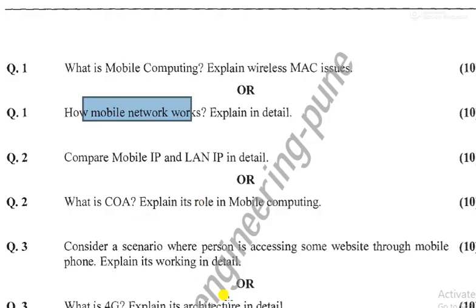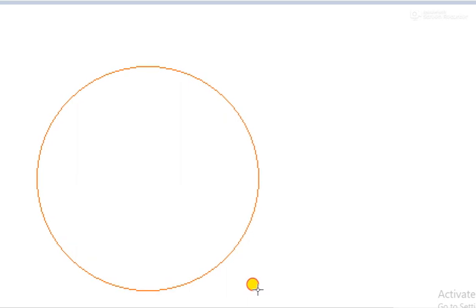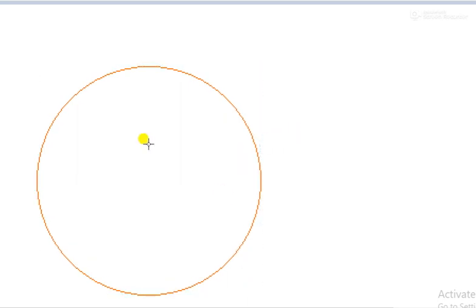So here again, consider that one network is formed, which in short is your mobile network. Let's say this is your mobile network.